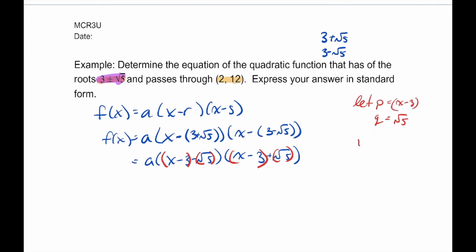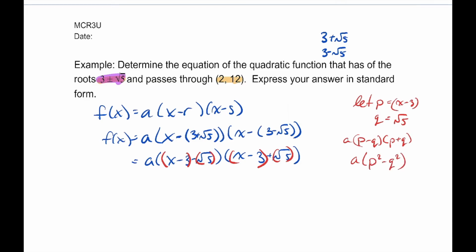So really you have p minus q and p plus q. And the beautiful part about difference of squares is that the middle terms disappear, and we get p squared minus q squared.